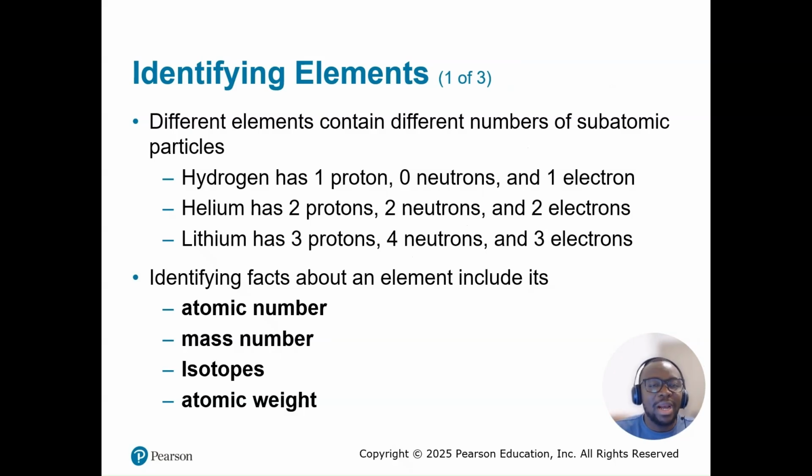One question you might have is, how can we identify different elements? We know that all protons are alike, regardless of the atom considered, and the same is true for neutrons and electrons. So what makes each atom unique? The answer is that different elements have different numbers of subatomic particles. To get a complete picture of an element, we need to know its atomic number, mass number, and atomic weight.